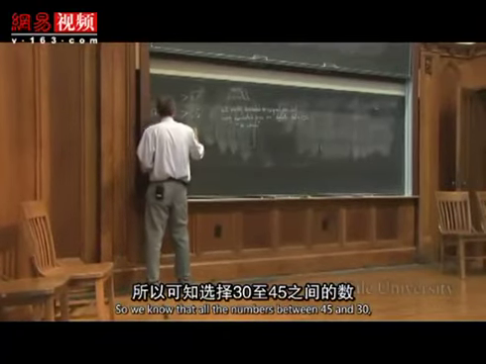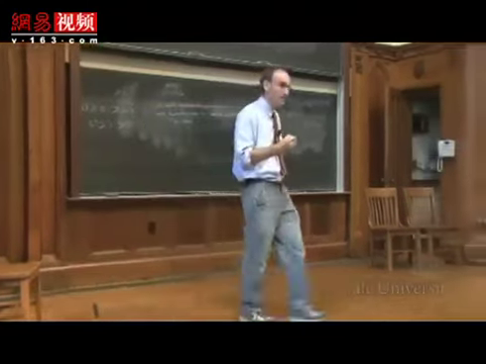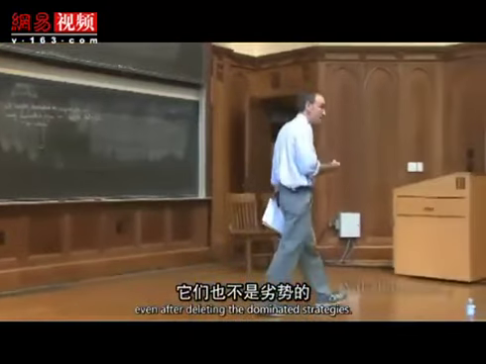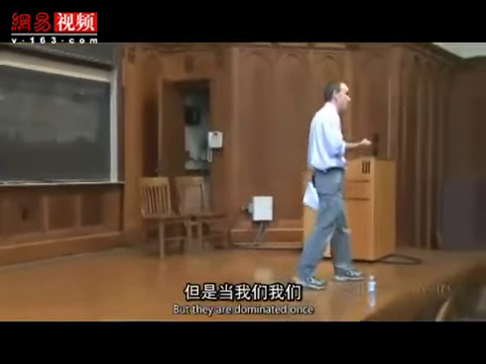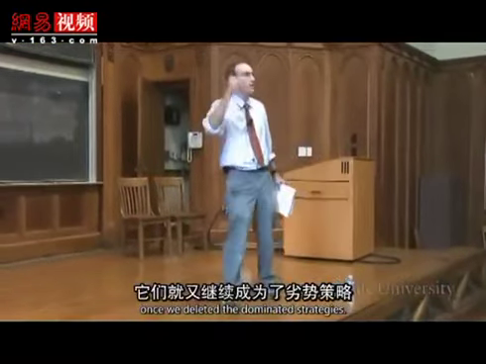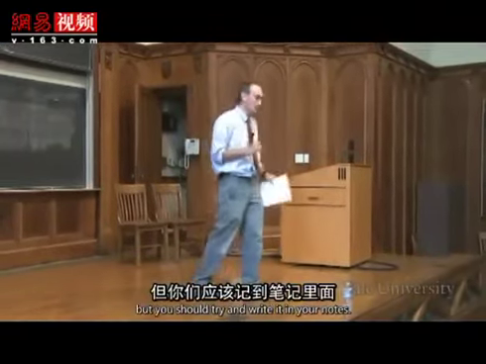All right? So we know that all the numbers between 45 and 30, these strategies were not dominated, and they weren't dominated even after deleting the dominated strategies. But they are dominated once we deleted not just the dominated strategies, but also the strategies that were dominated once we deleted the dominated strategies. I'm not going to try and write that, but you should try and write it in your notes.